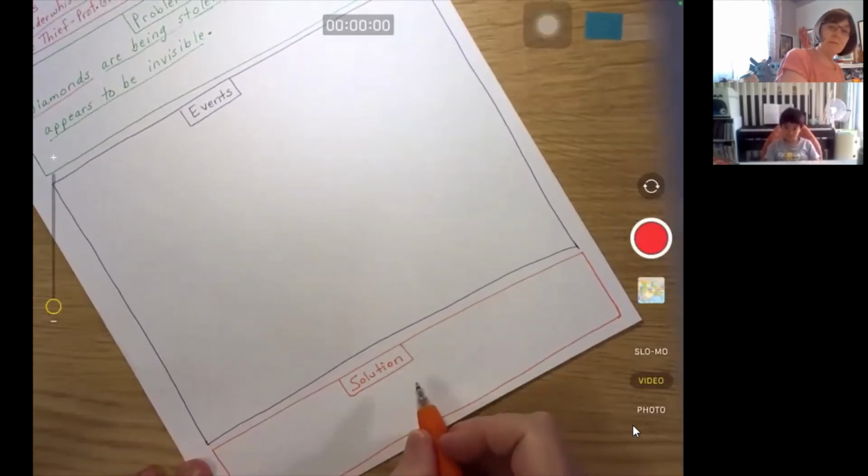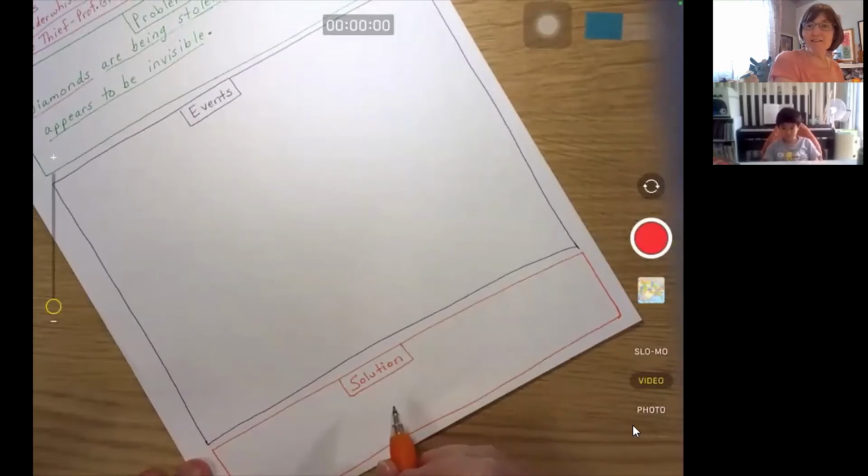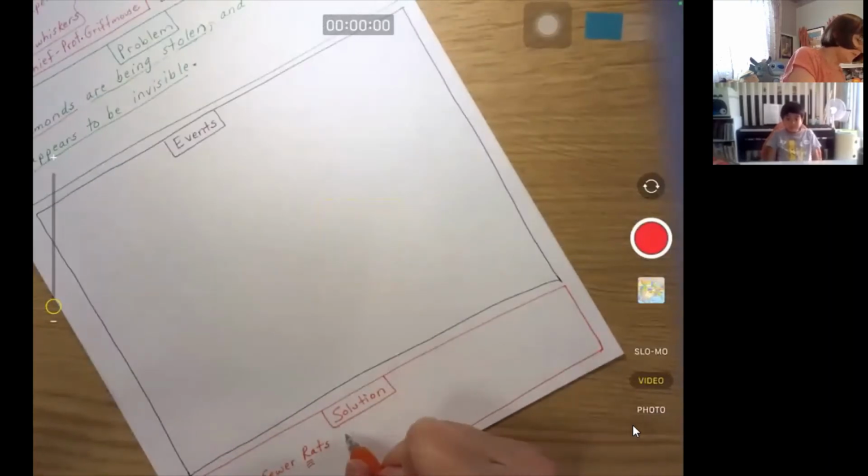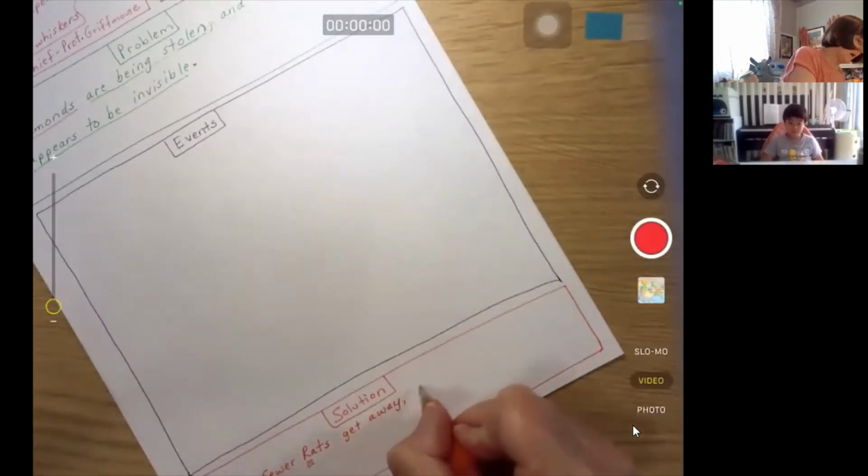So the solution might not make sense to someone who hasn't read the story yet, but we know that the sewer rats get away, and that's the name of their group. So I'm going to give that a capital S here and a capital R because that's the name of their group. So they do get away, but this is the important part right here.